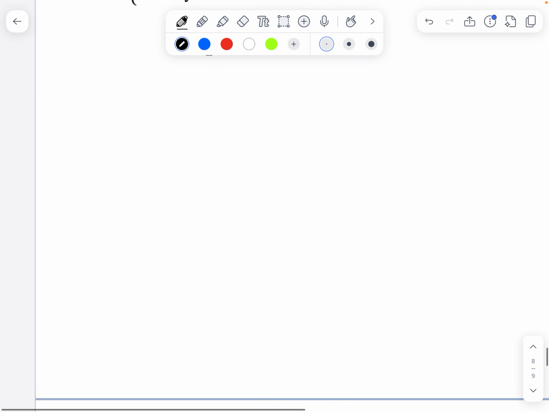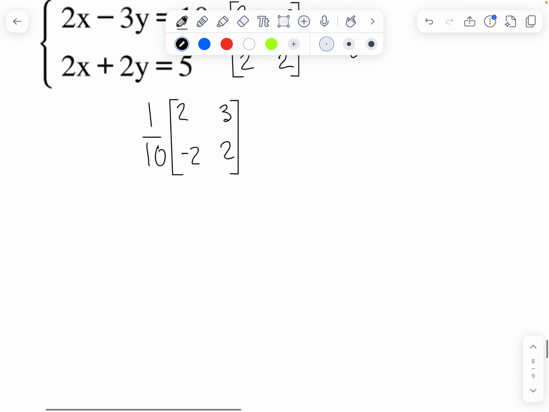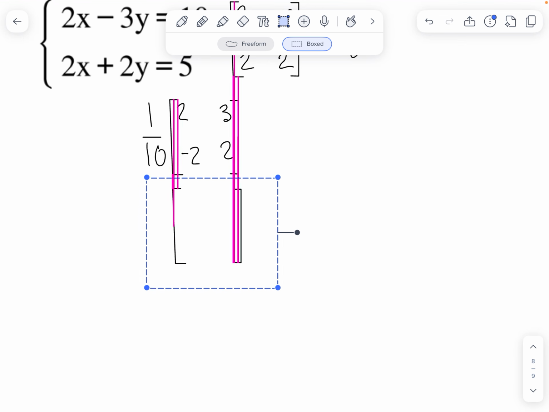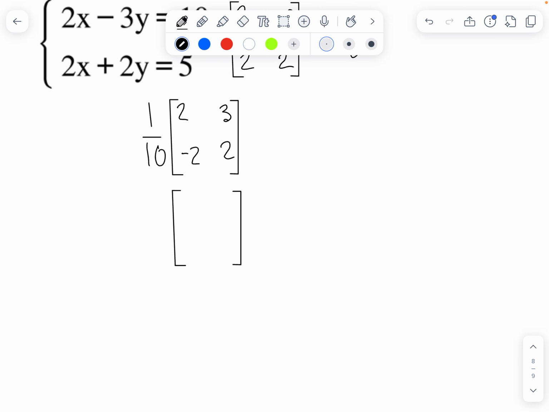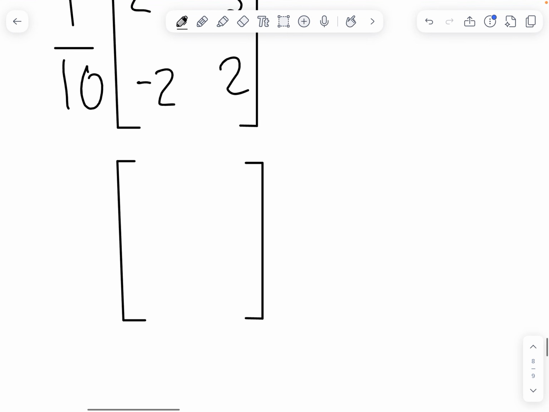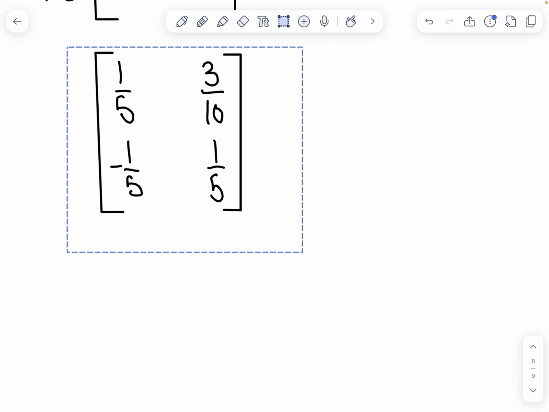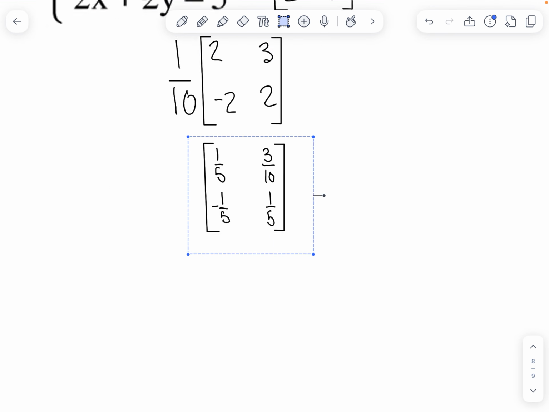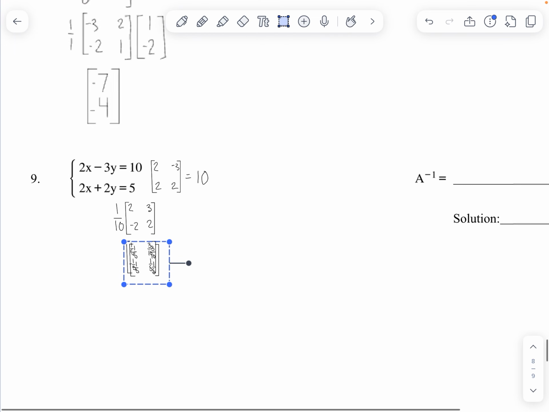So if we multiply everything by 1/10, we'd get 1 over 5, 3 over 10, negative 1 over 5, 1 over 5. Let's just write down this answer first.